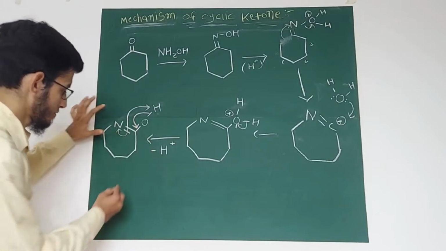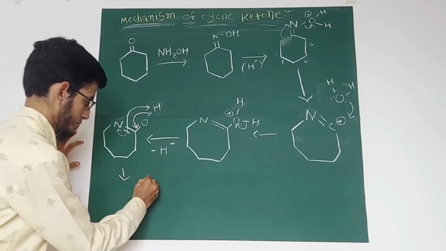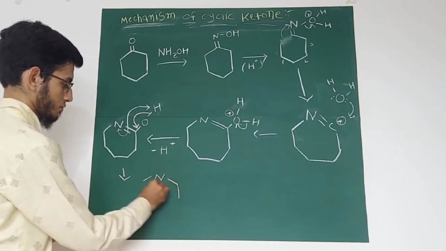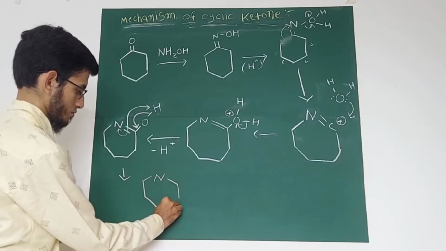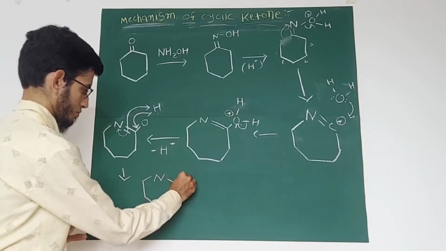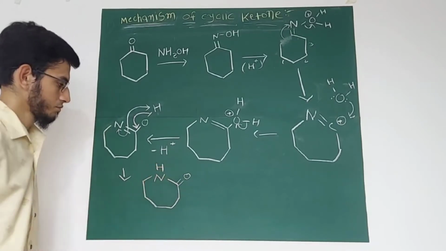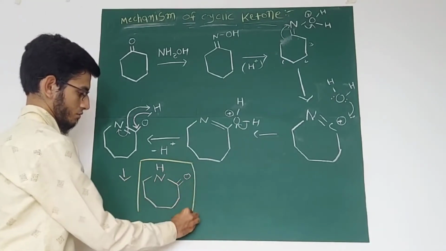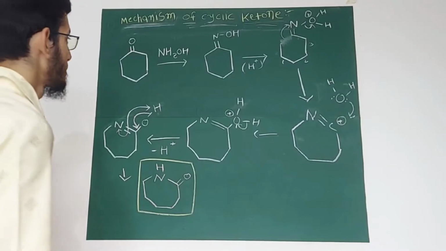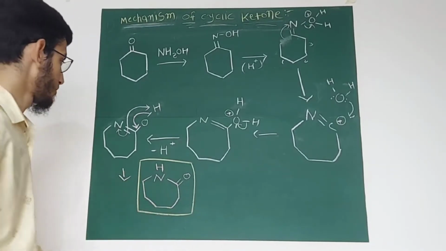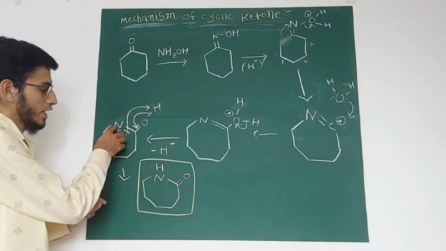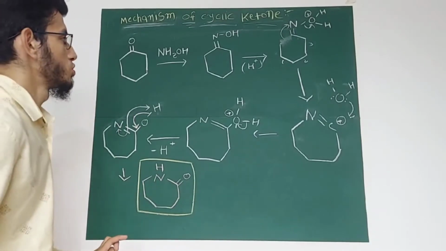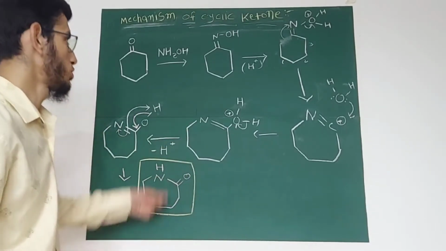So we will get, I am writing here, NH. This is the product of the Beckmann rearrangement. You can see that this negatively charged nitrogen makes the bond with H plus, and this bond will migrate to the carbon, making C=O. So this is the whole mechanism of cyclic ketone in Beckmann rearrangement.